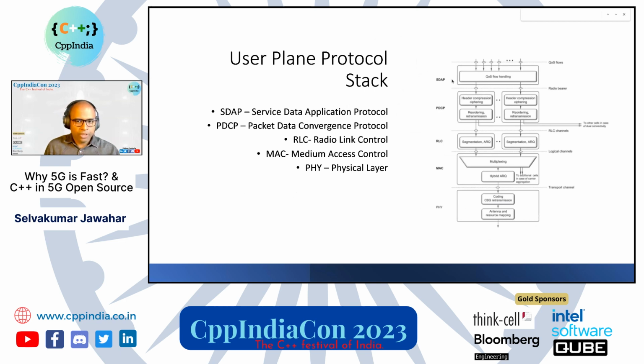This particular stack is inside the gNB. This is the RAN, and the QoS policy definitions are done in the core. So the core can define QoS, like you can have a low latency QoS, you can have a very high throughput QoS, and it can have QoS for a very dense cell implementation where there are thousands of sensors.